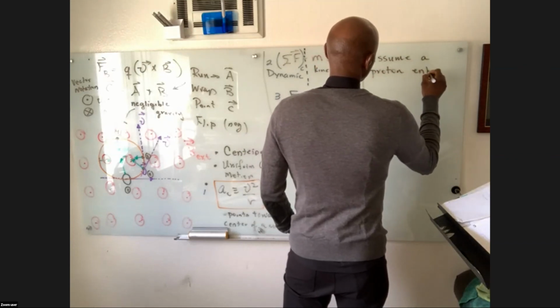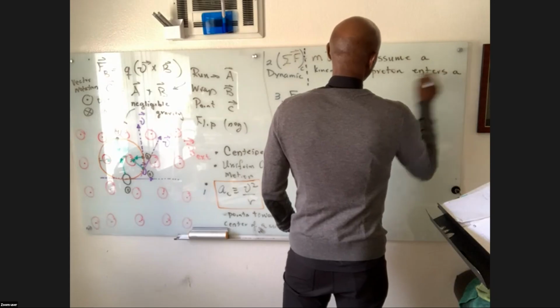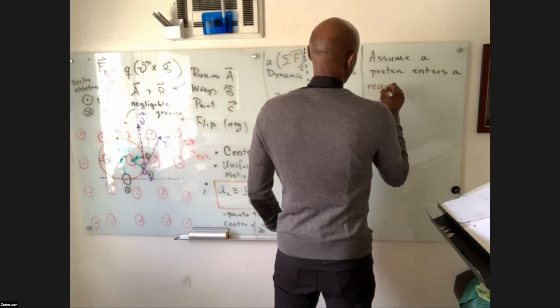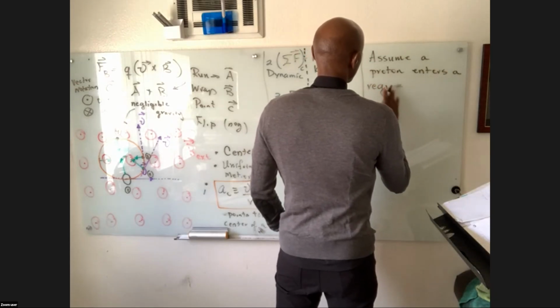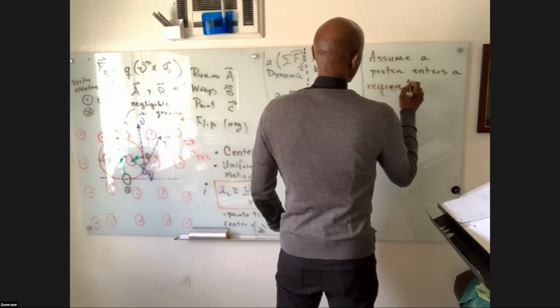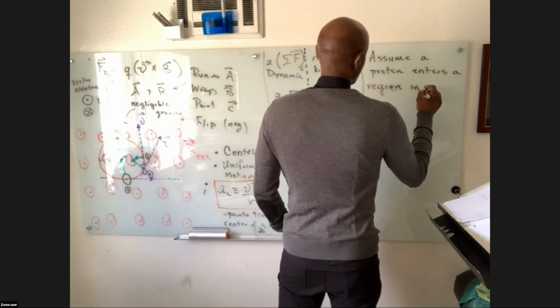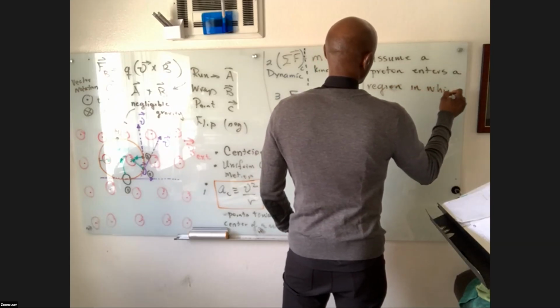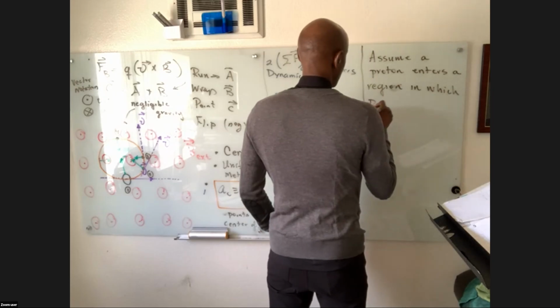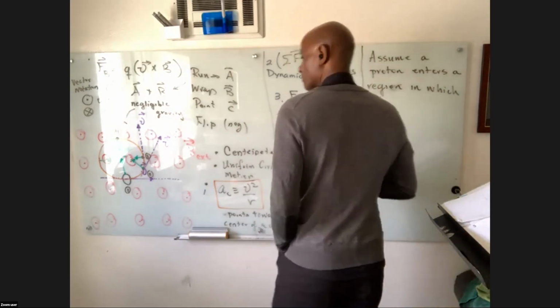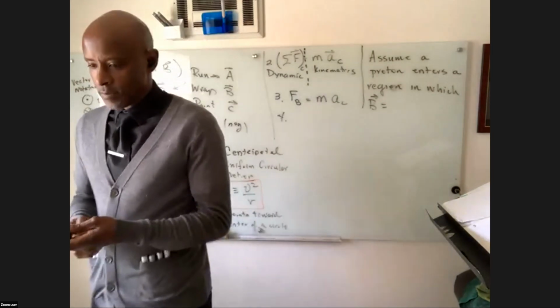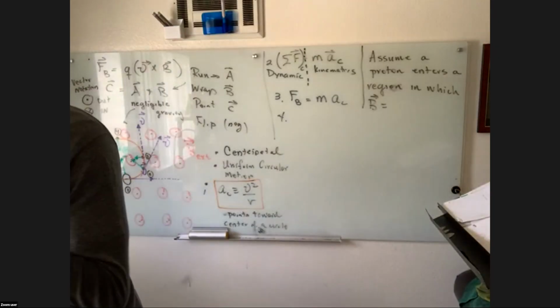enters a region in which the magnetic field strength, B, is equal to, let me get a practical magnetic field here.